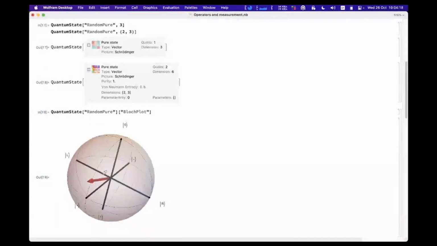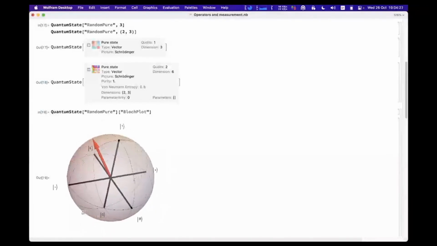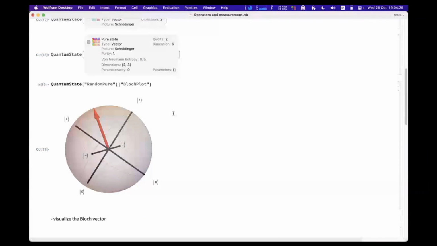And that's basically your random pure state on the Bloch sphere. And of course, for the vector, the red one, the Bloch vector that you see there, you can either get the spherical coordinates of that vector, or you can easily extract the Cartesian coordinates.